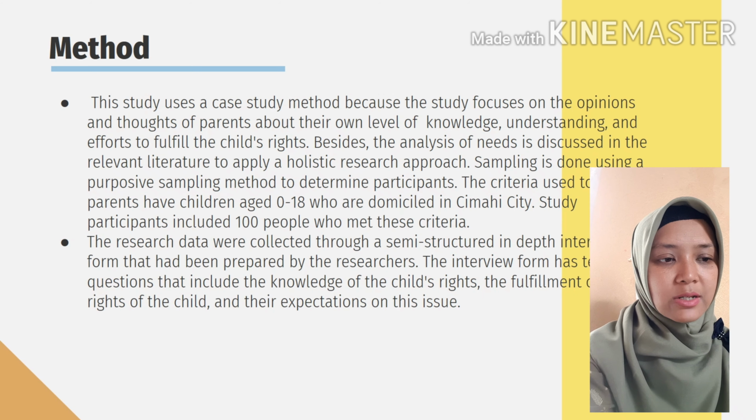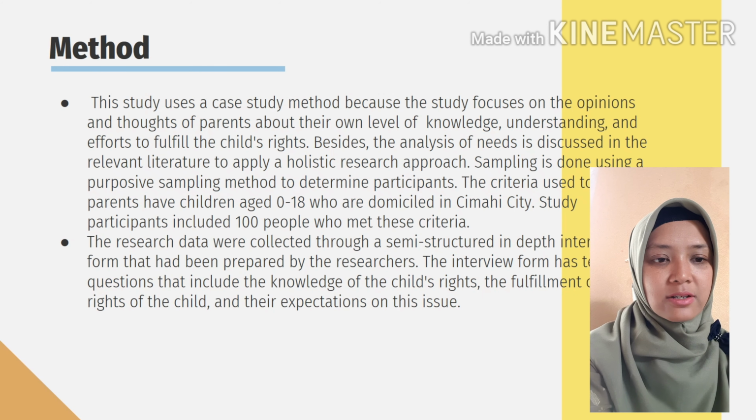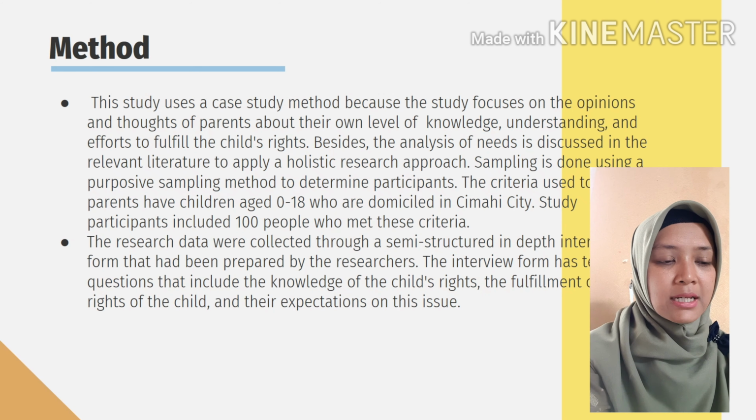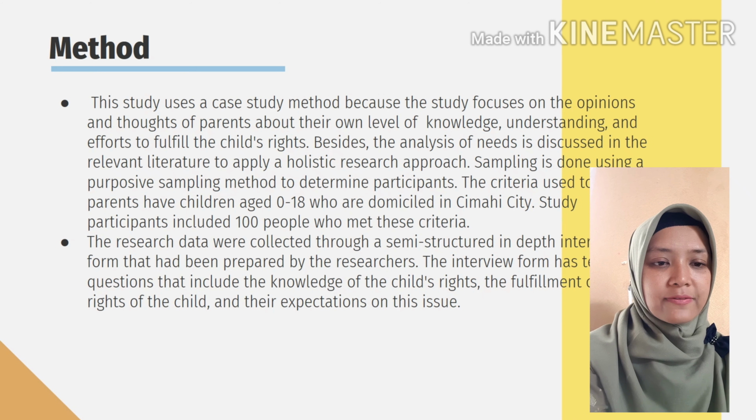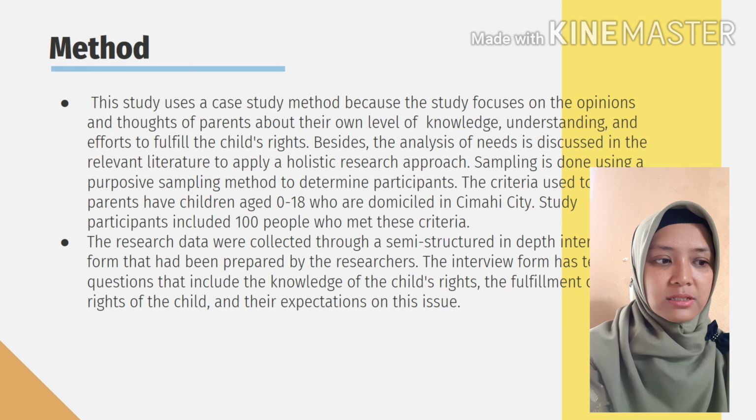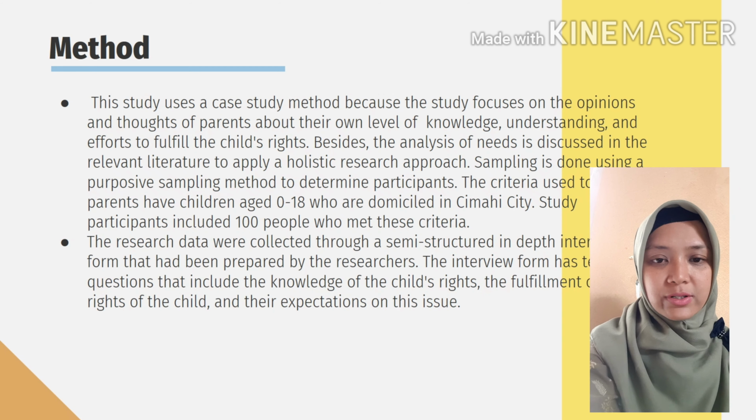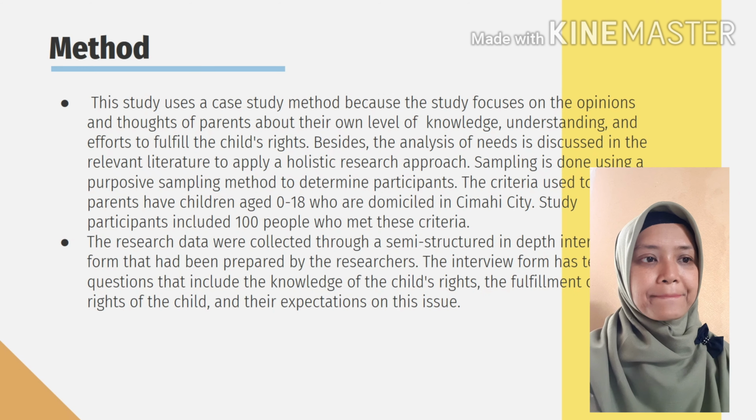The research data were collected through a semi-structured, in-depth interview form that had been prepared by the researchers. The interview form has 10 questions that include the knowledge of the child's rights, the fulfillment of the rights of the child, and their expectation on this issue.